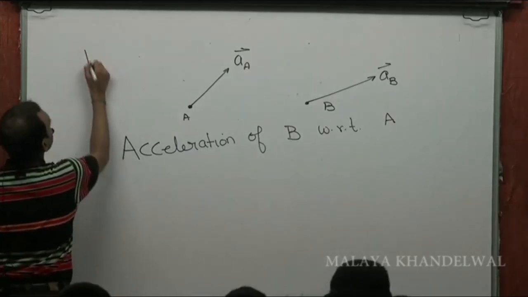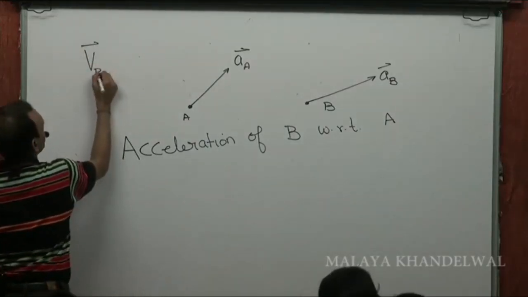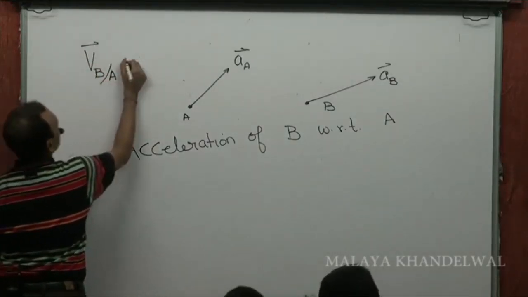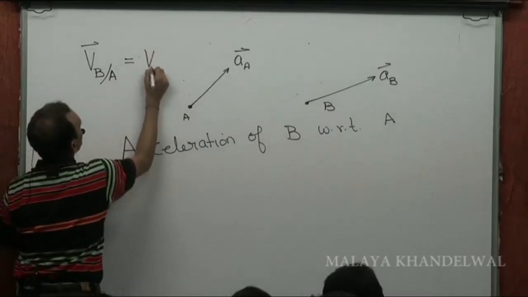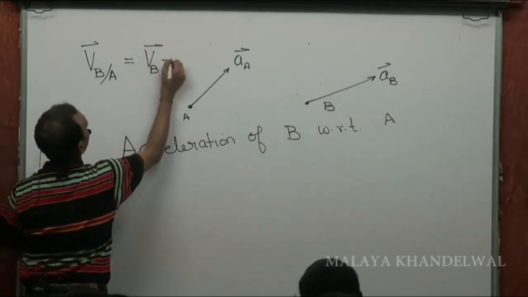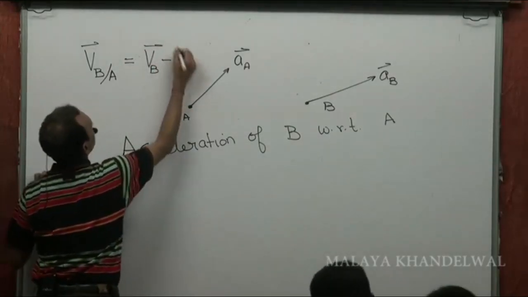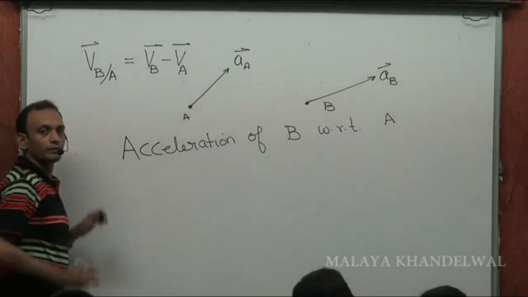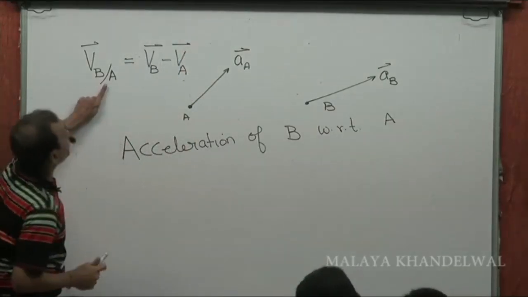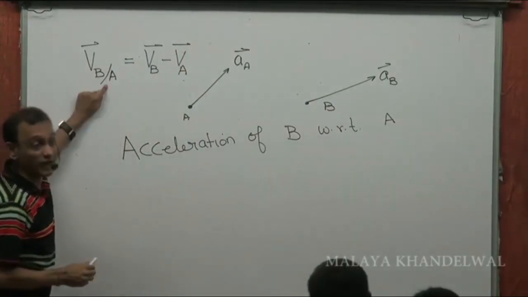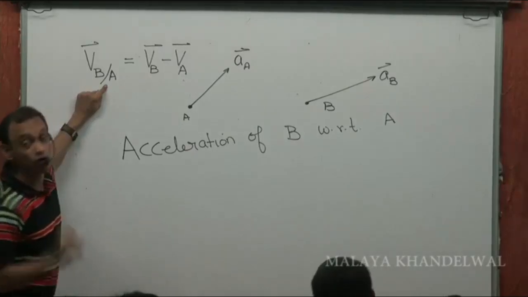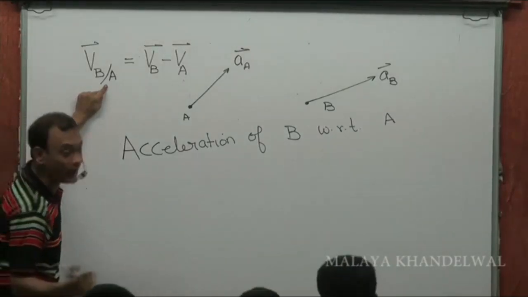first of all, what's the velocity of B with respect to A? Velocity of B with respect to A is VB minus VA. That's the velocity of B with respect to A, right? The acceleration of B with respect to A would be obtained when you differentiate this. That will give you acceleration of B with respect to A, right?